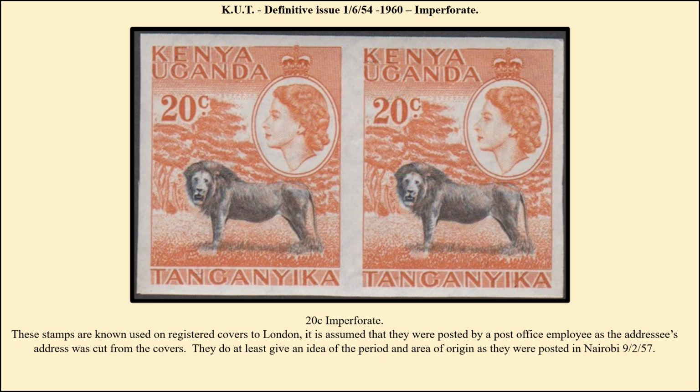All the addressees' names and addresses have been cut from the envelopes, so it is assumed that these stamps came from the Nairobi post office, were seen and purchased by an employee who probably paid for them officially, but brought them out and put them onto the philatelic market.